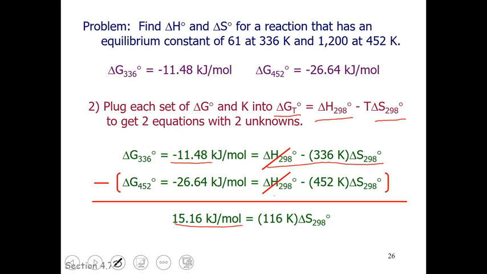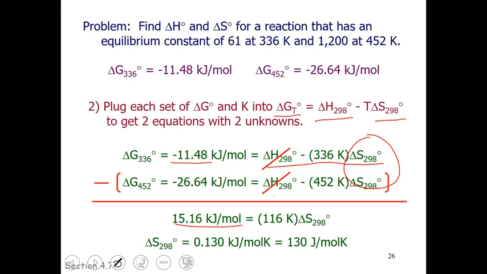And I will have minus 336 Kelvin minus a minus 452 Kelvin, both of which are multiplied by delta S naught. So the difference there will be 116 K times delta S naught. So dividing, I can come up with the value of delta S naught in either kilojoules per mole Kelvin, or as delta S naughts are more commonly reported, as 130 joules per mole Kelvin.